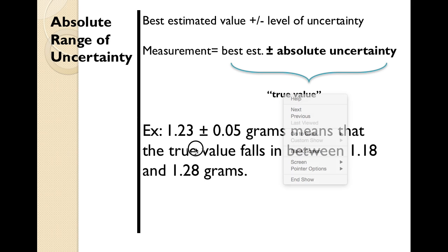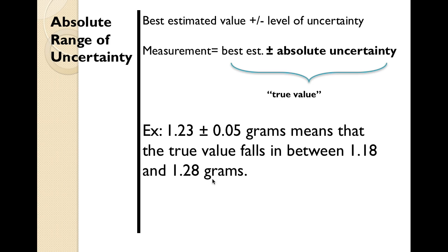So for example, 1.23 plus or minus 0.05 grams means that the true value falls between 1.18 and 1.28 grams. So all I did was take 1.23 and I subtracted 0.05 to get 1.18 grams. And then I took 1.23 plus 0.05 grams to get 1.28 grams.